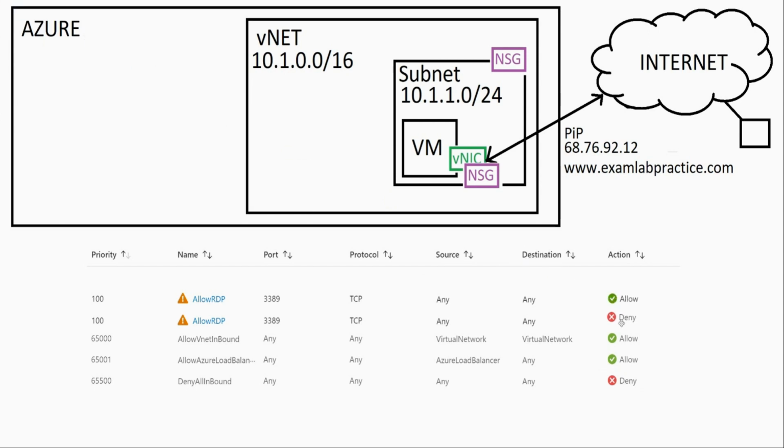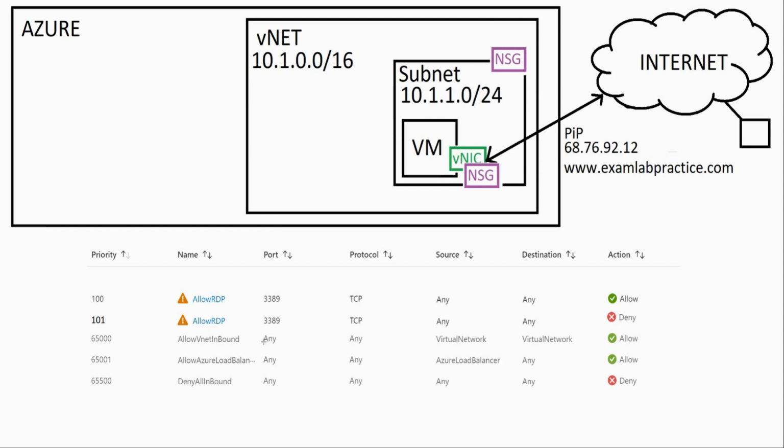This deny rule, and let's give it a priority of 101. So that means that it's going to be below the top one as far as priority goes.